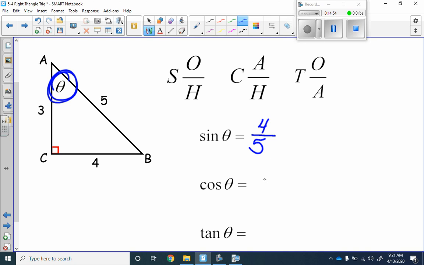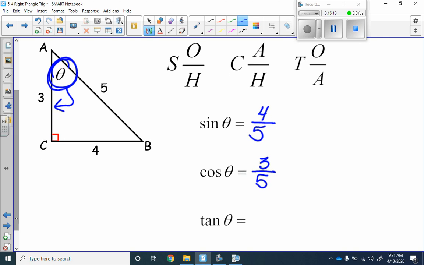Cosine would be the adjacent side, which is 3. Adjacent means next to theta, and your hypotenuse is 5. You might say, isn't 5 adjacent to theta? Yes, but 5 is the hypotenuse of the triangle. The side opposite of 90 degrees is always going to be your hypotenuse. Tangent, opposite over adjacent, so 4 over 3.